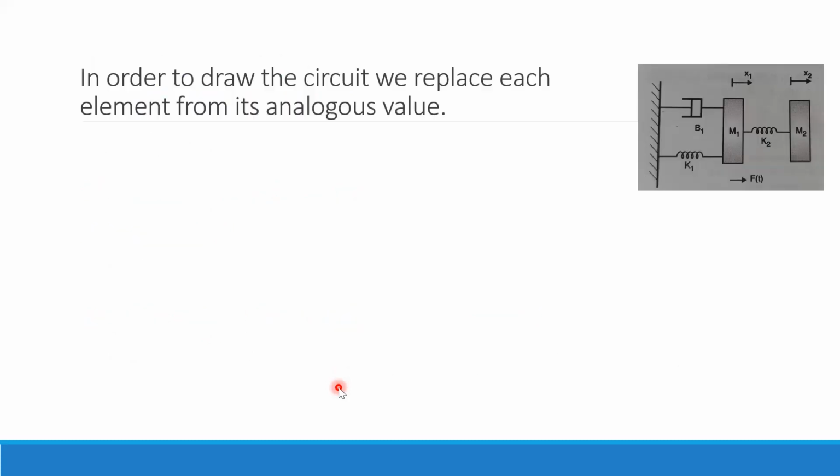Okay, now let us draw the circuit that will replace the elements with their analogous values. Mass 1 will be replaced by capacitance C1, M2 will be replaced by C2.